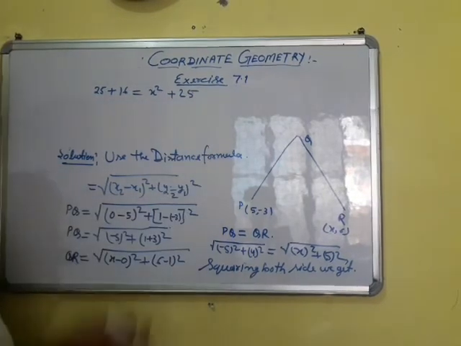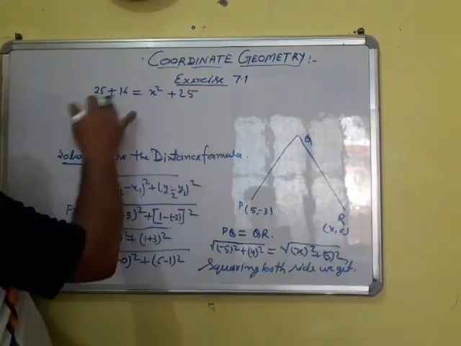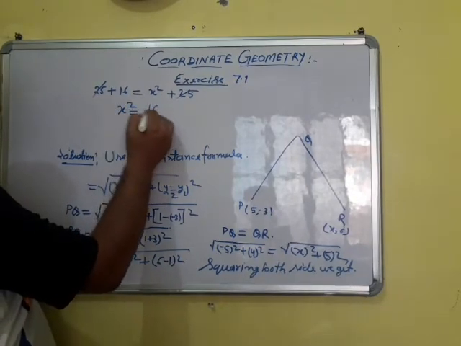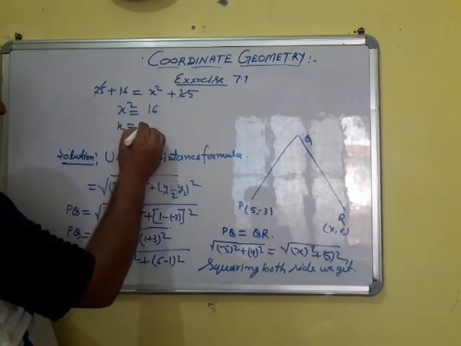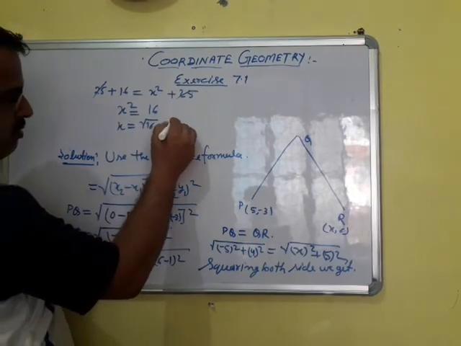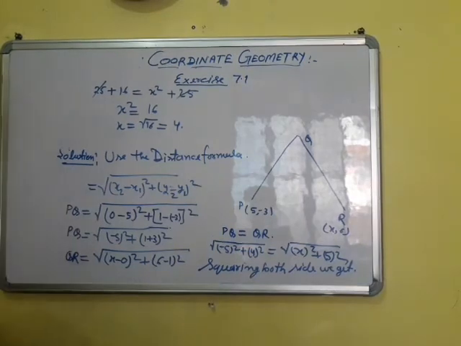Both sides have 25, so this portion cancels. x square is 16, so x is equal to root 16, or 4. So we find the first answer: x is equal to 4.